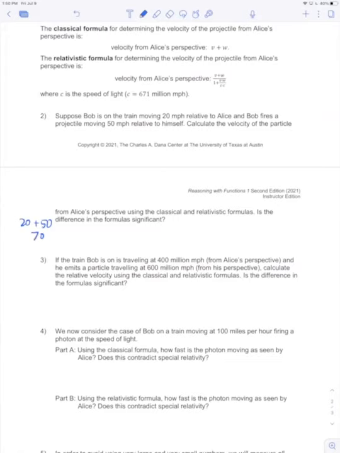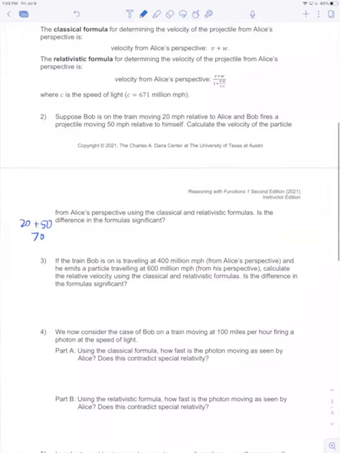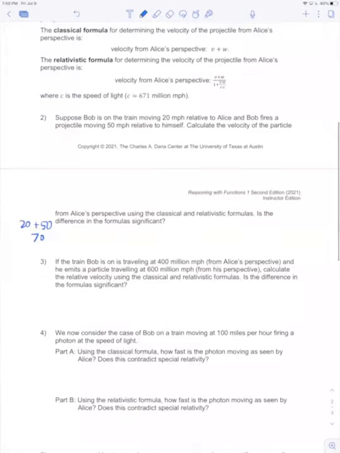Okay, and now for the relativistic view, we'd have v plus w, which is 20 plus 50, that's the numerator. And then we'd have 1 plus 20 times 50 all over 671,000,000 squared.